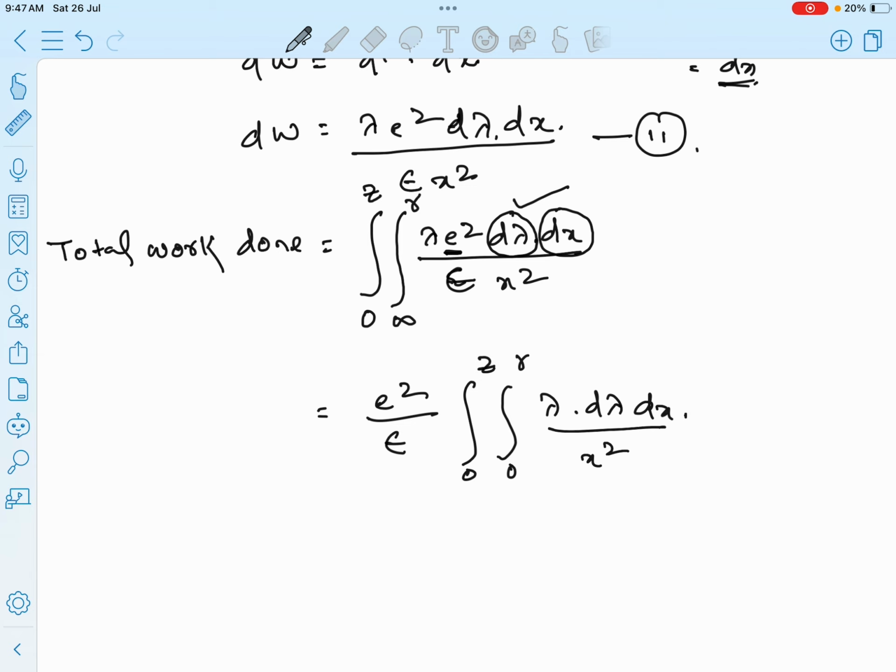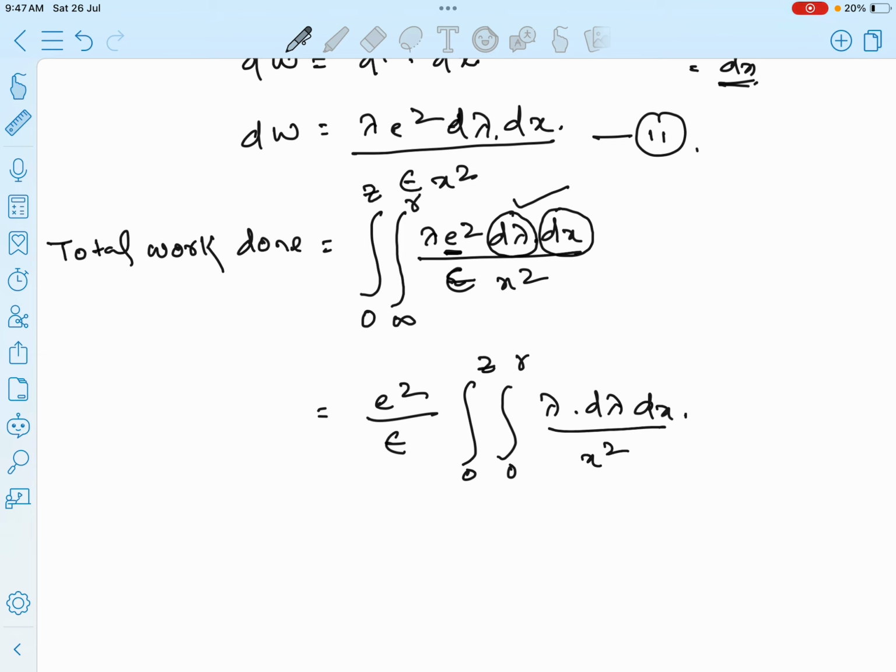So this would give lambda d lambda, that means x dx. The integration of x dx is nothing but x to the power n plus 1 by n plus 1, that means x square by 2.